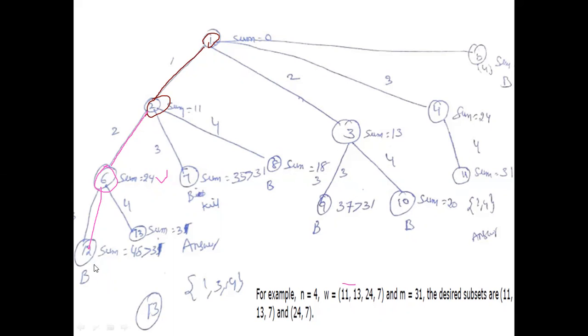The sum of the first three elements is greater than 31, so you cannot find the answer node by generating its children, and the 12th node is killed.